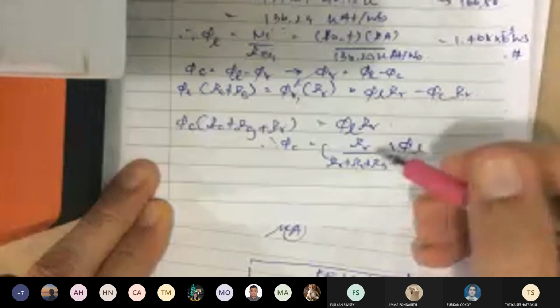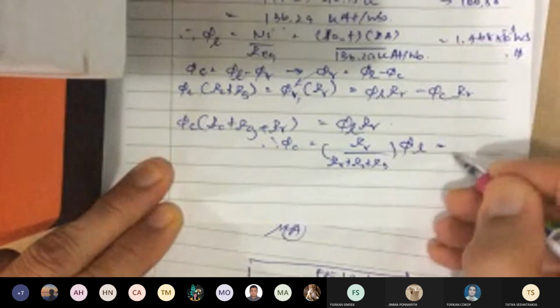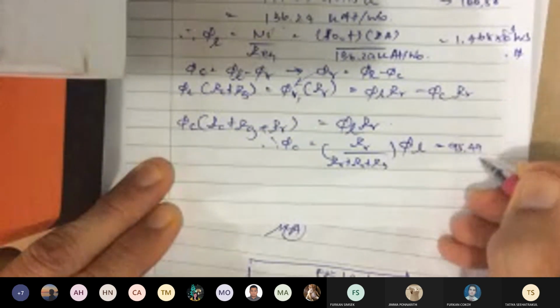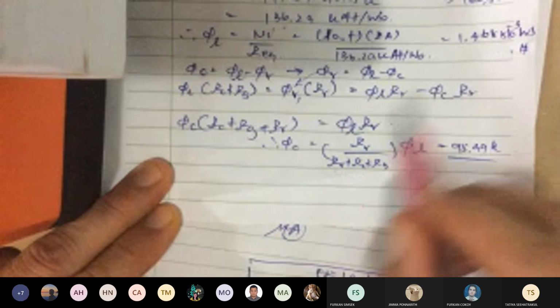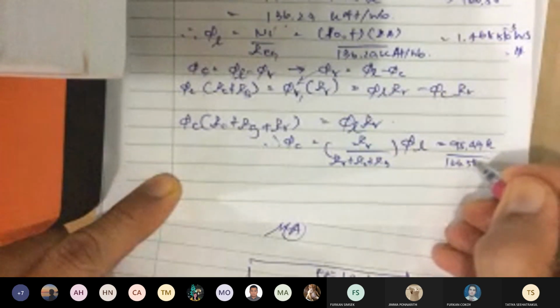Okay. And if you do this right, this is our right, 95.49 K divided by the sum, 166.58 K.